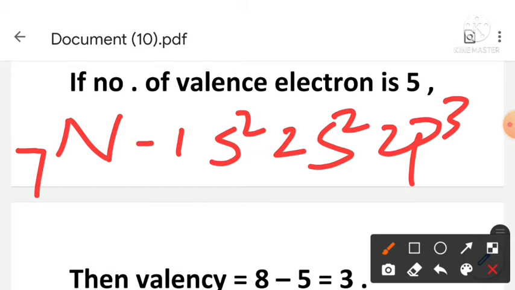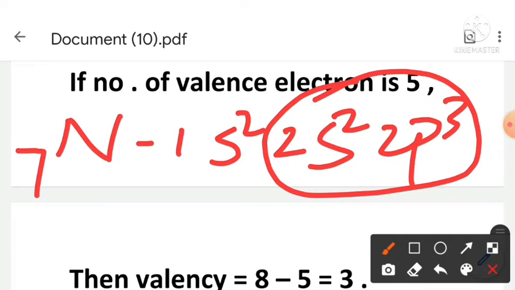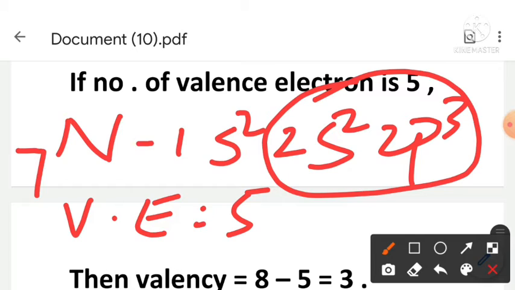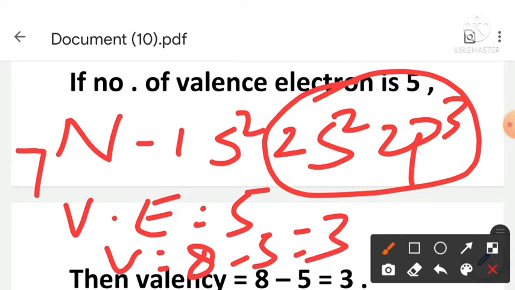Now here the outermost shell of the nitrogen element is 2s2, 2p3 and valence electrons 2 plus 3, that means 5. And now by using the octet law, we derive valency is equal to 8 minus 5, 3. Here the valency of nitrogen is 3.